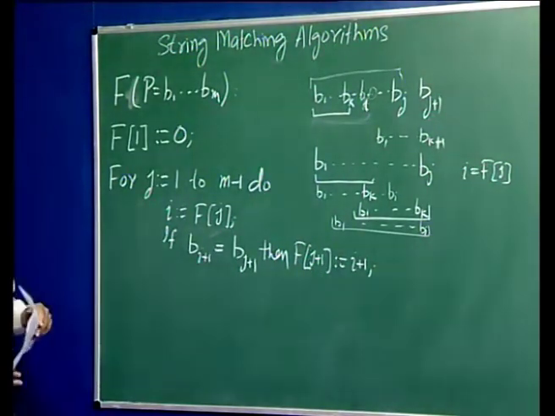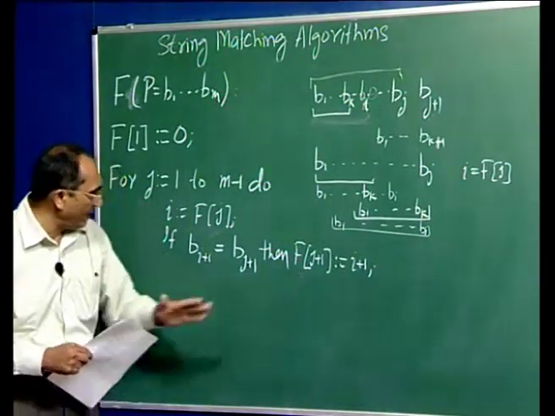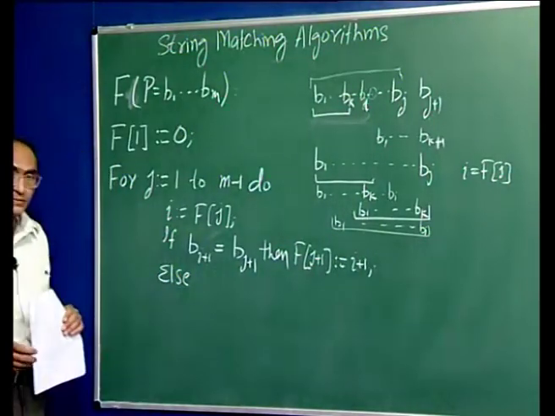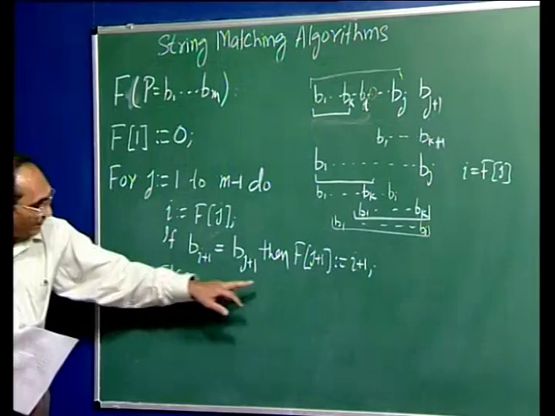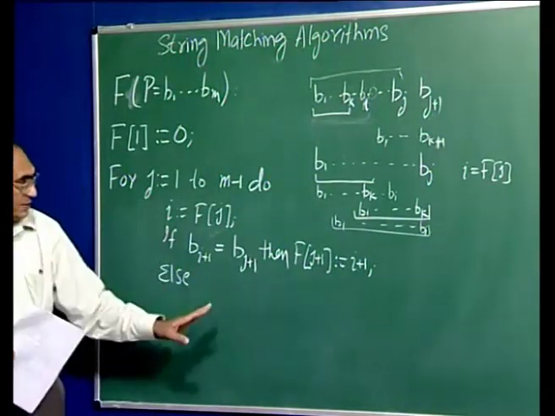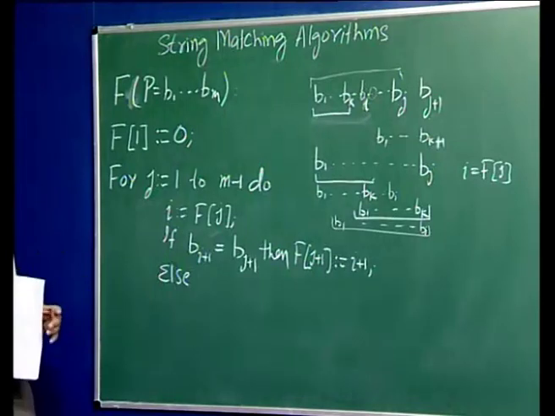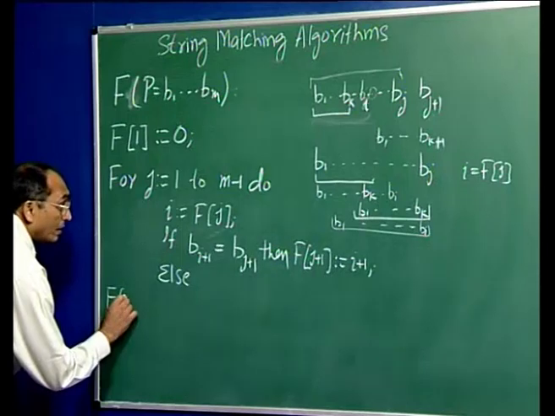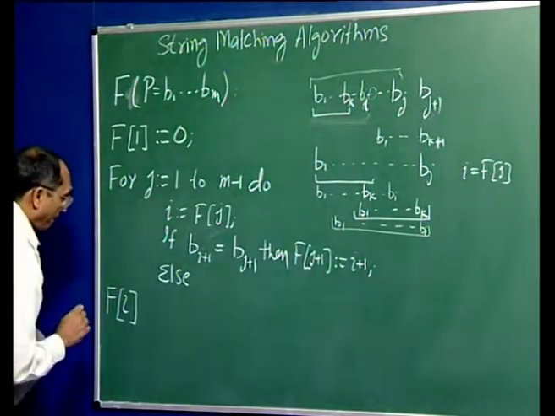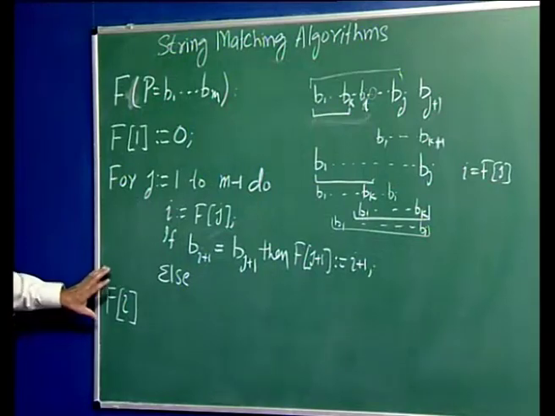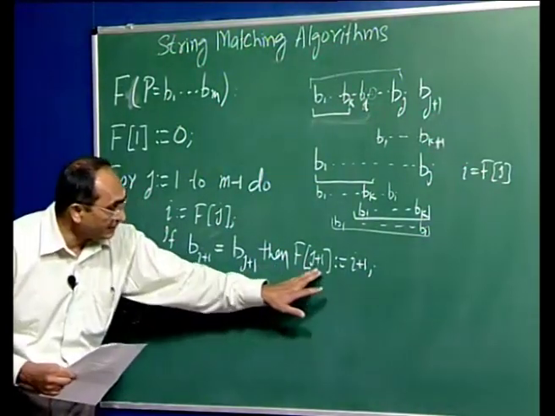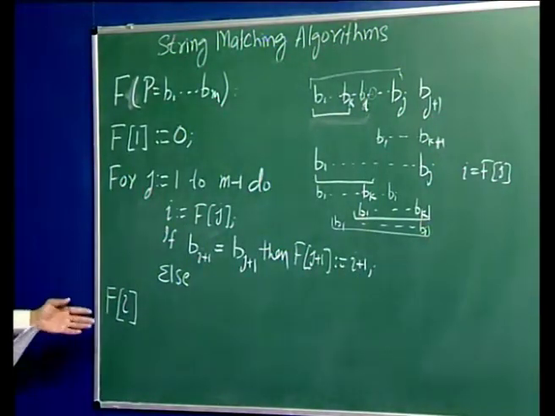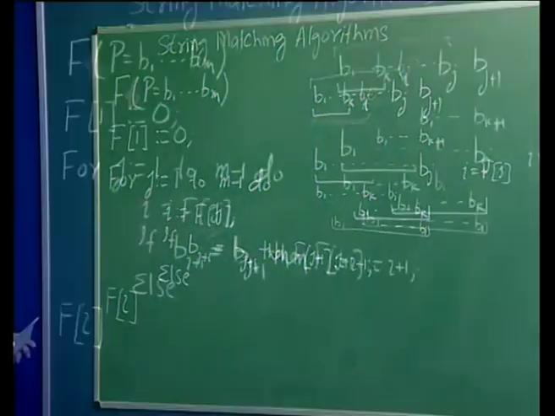So, what we will do is, if we fail, we would search in the space which is f of I, from 1 through f of I, and again we will try to verify whether the next symbols match, and again if we fail, then we will again search in f of I, and we will continue.